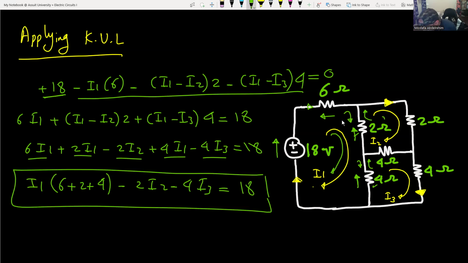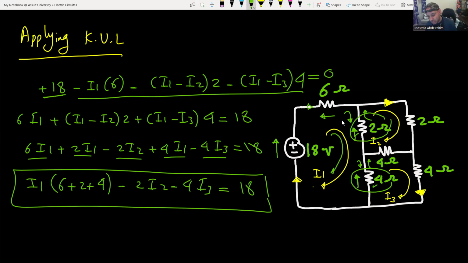This is basically the shared resistance, multiplied by I2, and it has a negative value. And then what is 4I3 here? This is basically this other shared resistance, and again it is negative. Equal to 18. What is 18? It is the battery voltage.